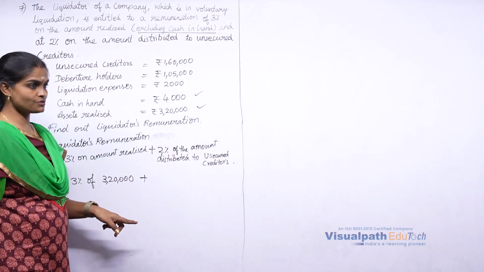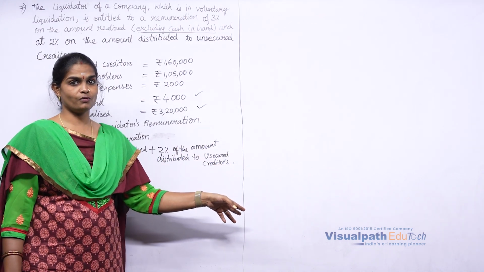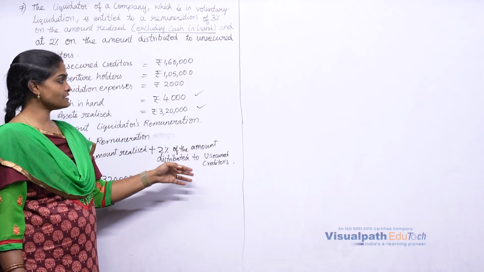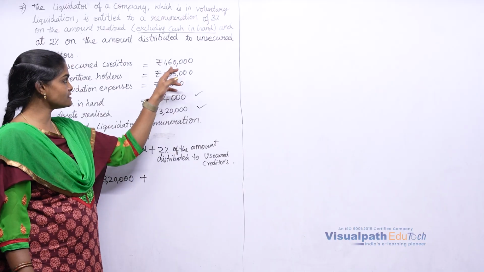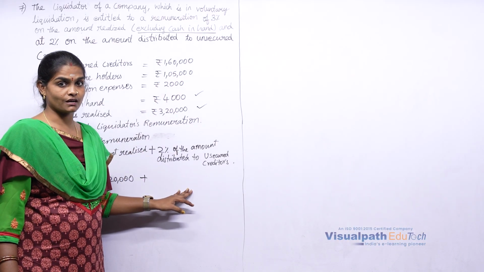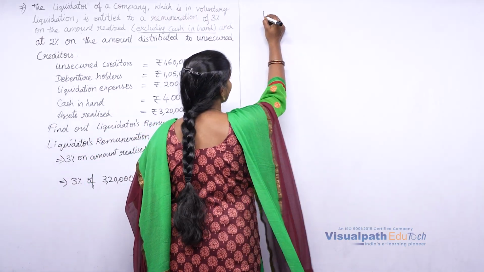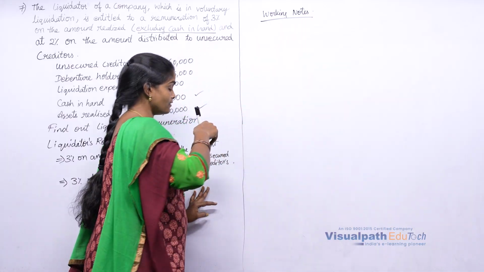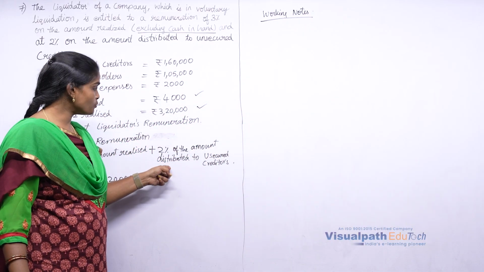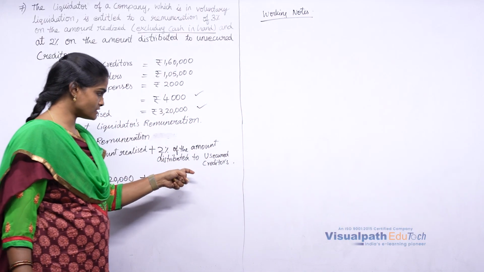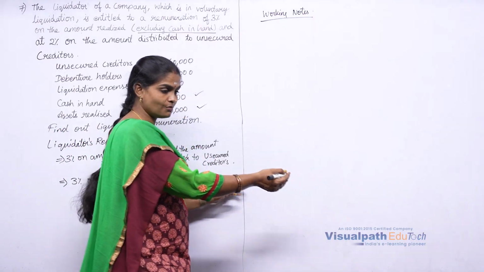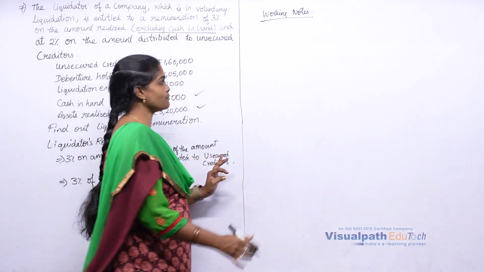Here we have to check whether the company is solvent or not, whether the company is able to pay this 1,60,000 or not. So for this working, let us check whether the company is solvent enough to pay this 1,60,000 to unsecured creditors. After that, we can calculate liquidator's remuneration.